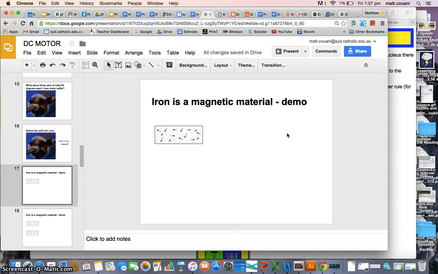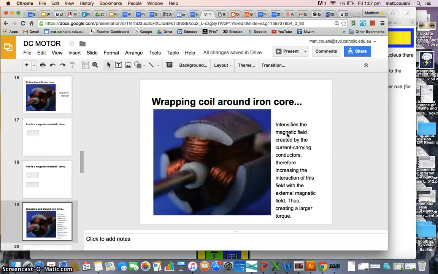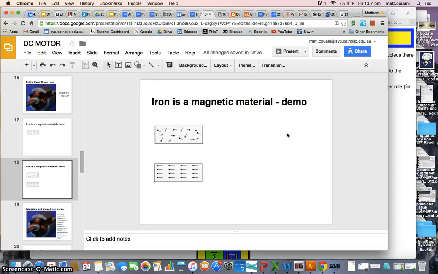But when I wrap some current carrying conductor around a piece of iron, I can get all of those domains to line up. And when I do that, it intensifies the magnetic field.